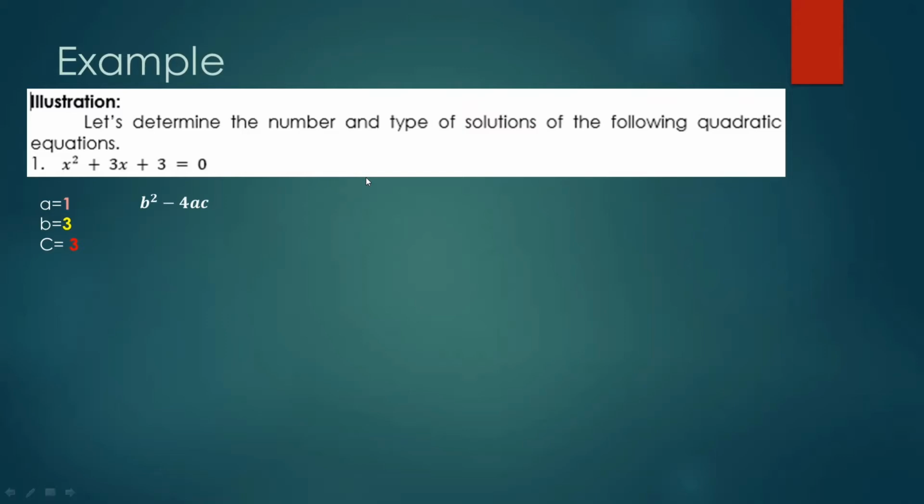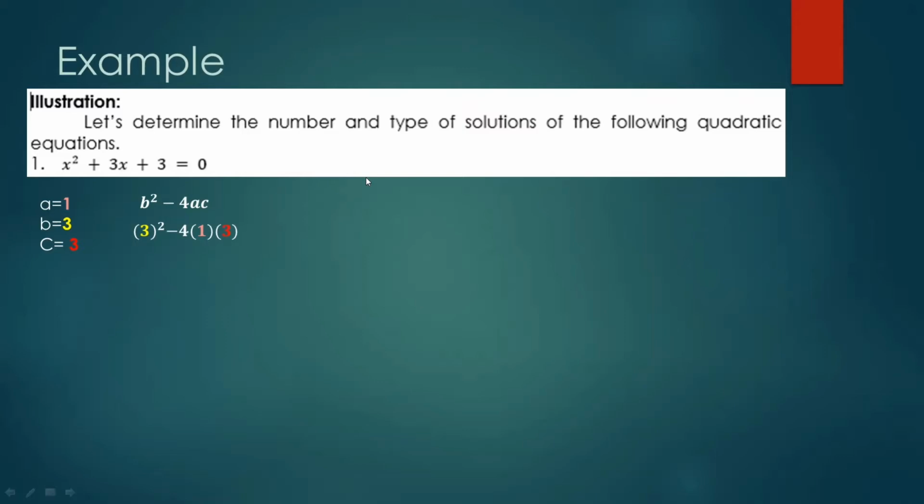Then after identifying the formula of the discriminant, we will move to the next step, which is the substitution method, where you substitute the values of real numbers A, B, and C into our discriminant formula. So b squared, yung b natin is equal to positive 3. So it becomes positive 3 squared minus 4 times natin sa A, which is 1, multiplied by C, which is positive 3.